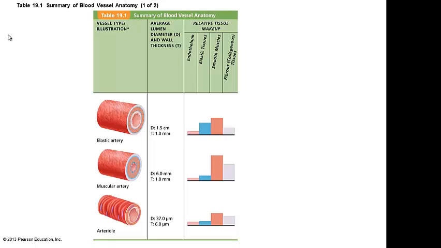As we get smaller and smaller and smaller, we start to become an arteriole in our branch. Arterioles, we're getting thinner and thinner walled. And again, getting to very specific places for exchange. The exchange part happens where?